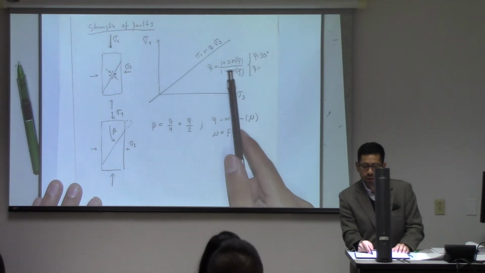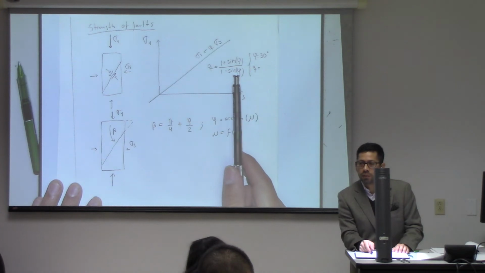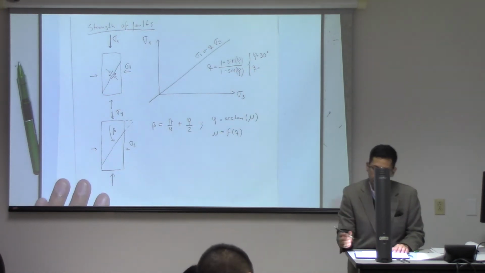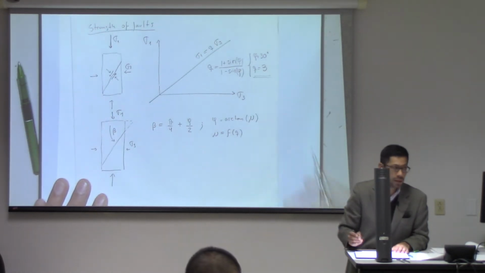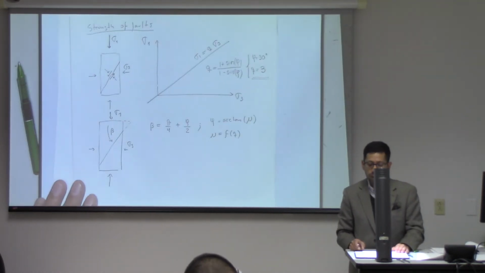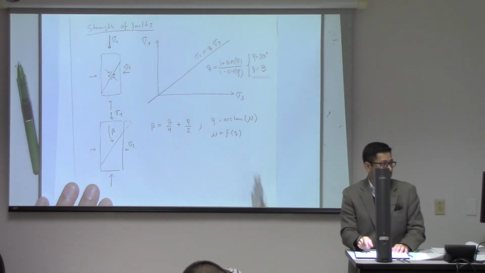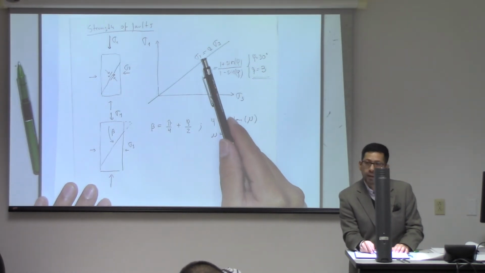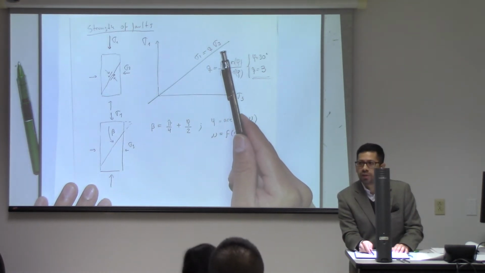So 1.5 divided by 0.5 is going to be equal to 3, okay? And I like that you remember this number. 3. It's an easy number to remember. What that means is that sigma 1 can be more or less 3 times larger than sigma 3.